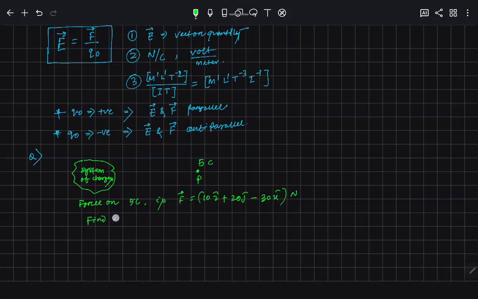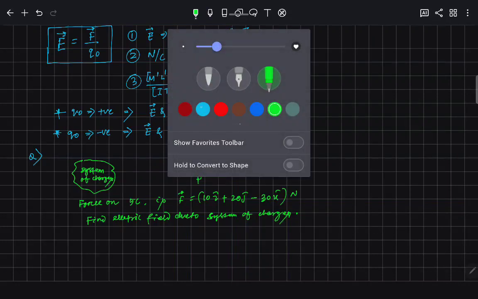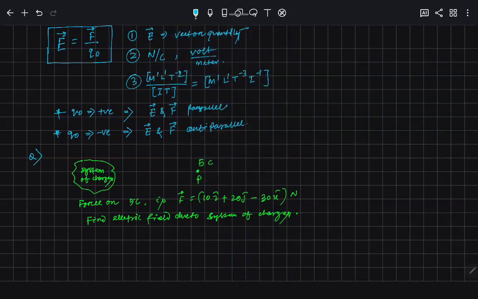Find the electric field due to the system of charges. So basically this force is due to the system of charges, right? Now they are asking to find the electric field due to the system of charges.